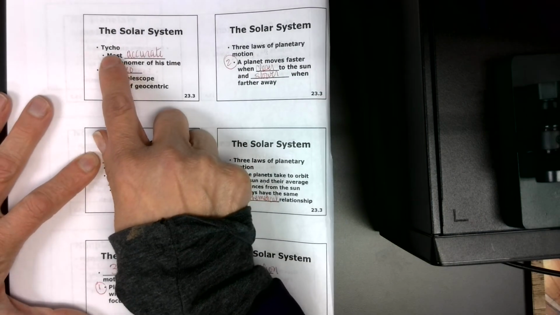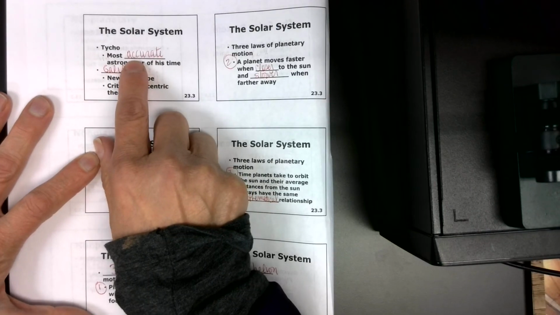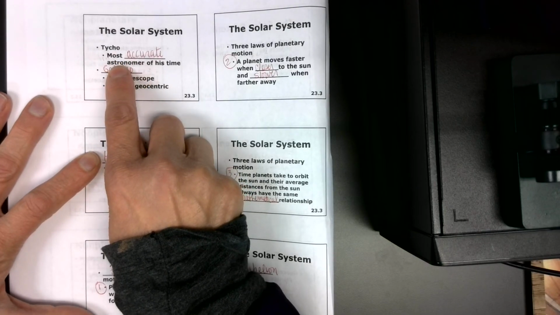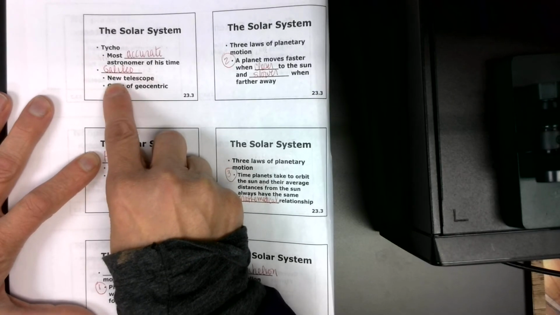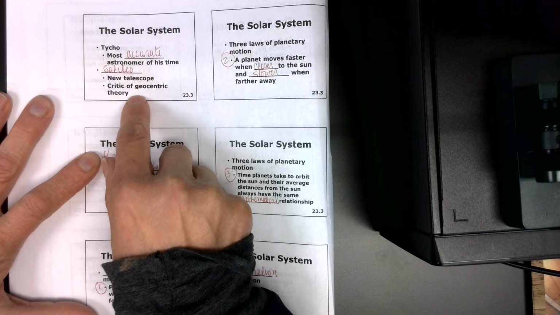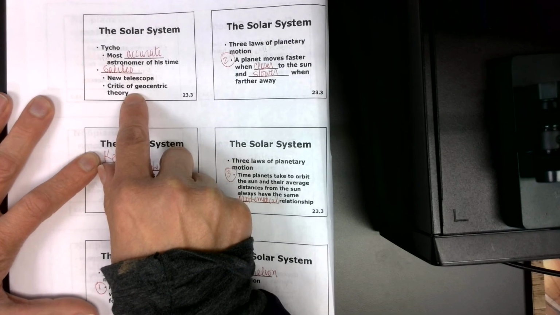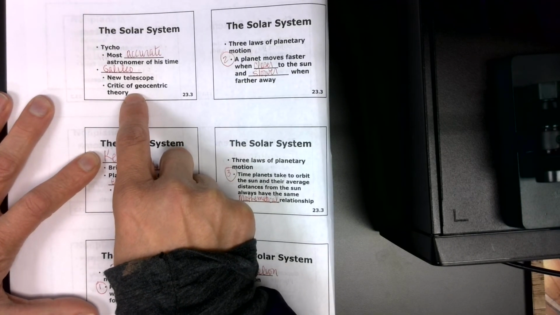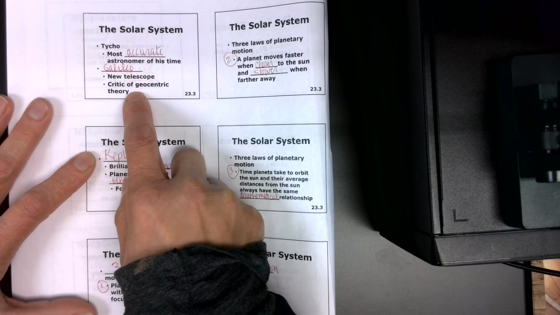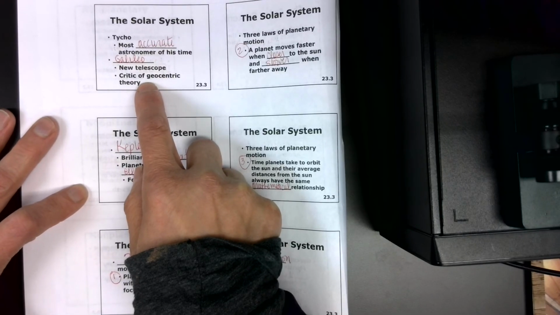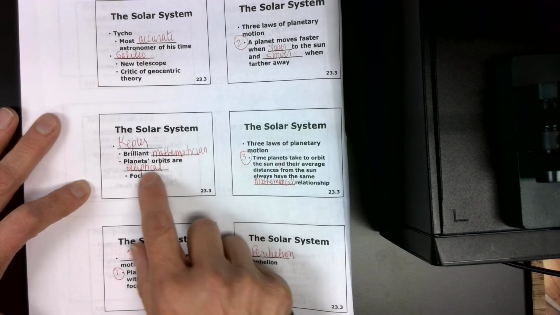Another guy by the name of Tycho Brahe came along. He was known as the most accurate astronomer of his time. Along with Galileo and his new telescope, they critiqued that geocentric theory and talked about why it could not be true, and they changed the mindset into what we have today known as the heliocentric theory.